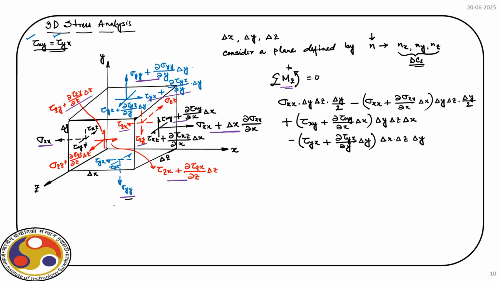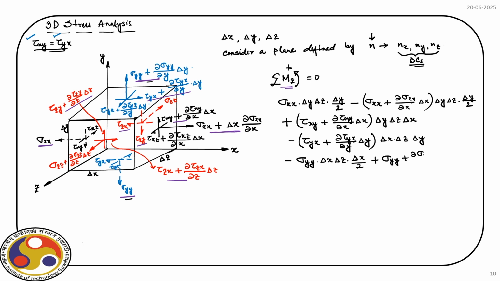So, this sigma yy, it is causing a negative moment. So, we have minus sigma yy times the area which is delta x times delta z, multiplied by the lever arm which is delta x by 2. Then plus sigma yy here plus its variation.